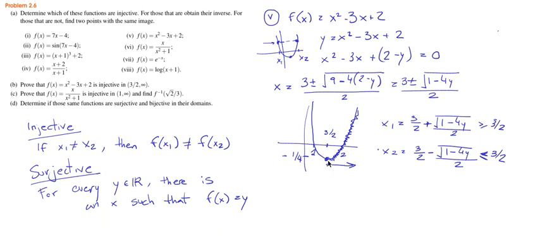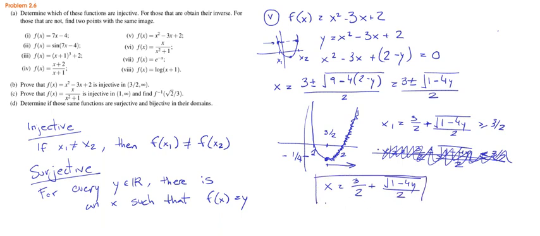So if we restrict ourselves to 3/2 onwards, the first solution we're not going to consider, because it is not in the domain of the function anymore. The domain is only those values of x that are greater. So the only solution that we care about now is this one. Now this function has an inverse, which is this one. This is the unique solution, so the function is injective in this domain, [3/2, infinity), right?